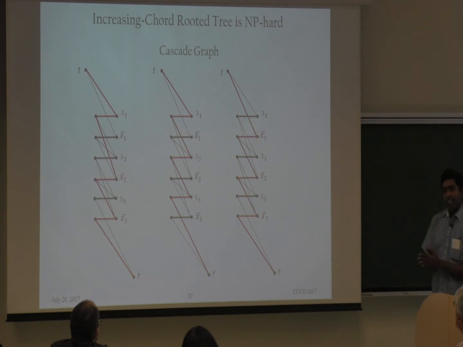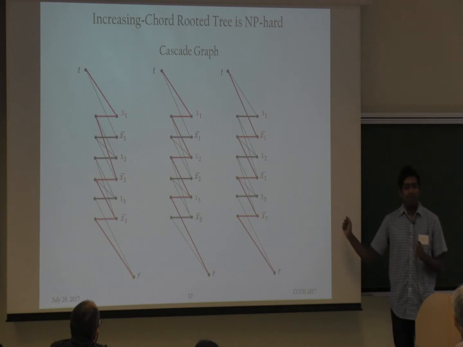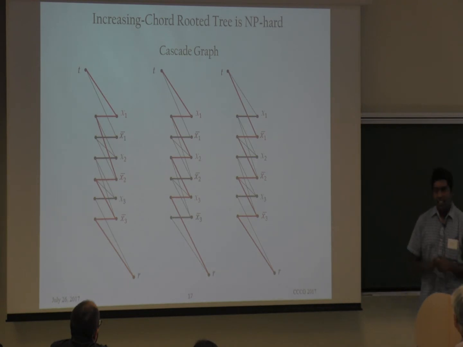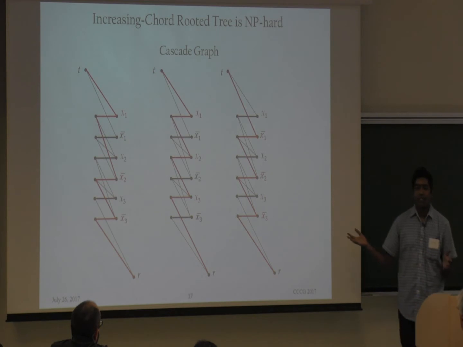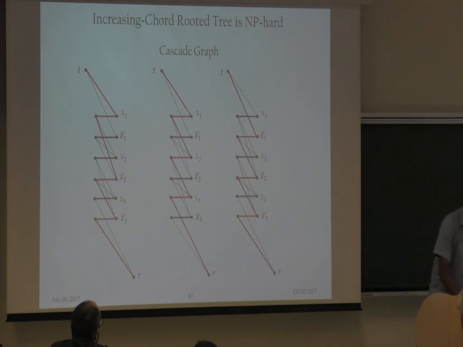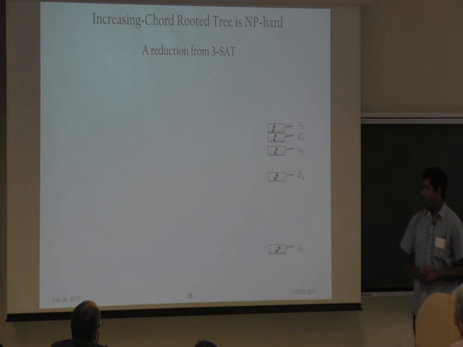Later in the reduction I will replace this y-monotonicity with the increasing chord property. The description will not be so simple, it will be a bit complex, but essentially what we are going to show is that given a 3-SAT instance, we want to construct an equivalent geometric graph and the vertex root R such that if there is a rooted spanning tree with the increasing chord property, there is a satisfying assignment of the 3-SAT instance, and vice versa.